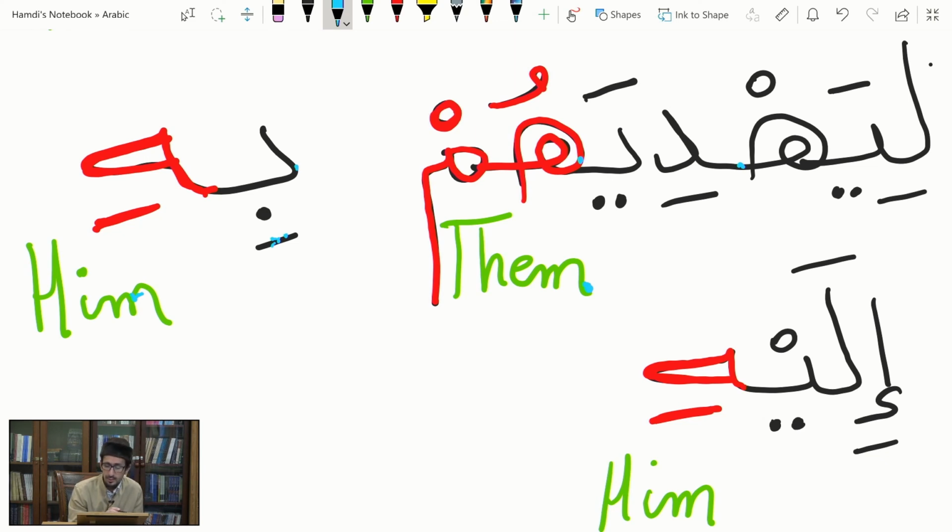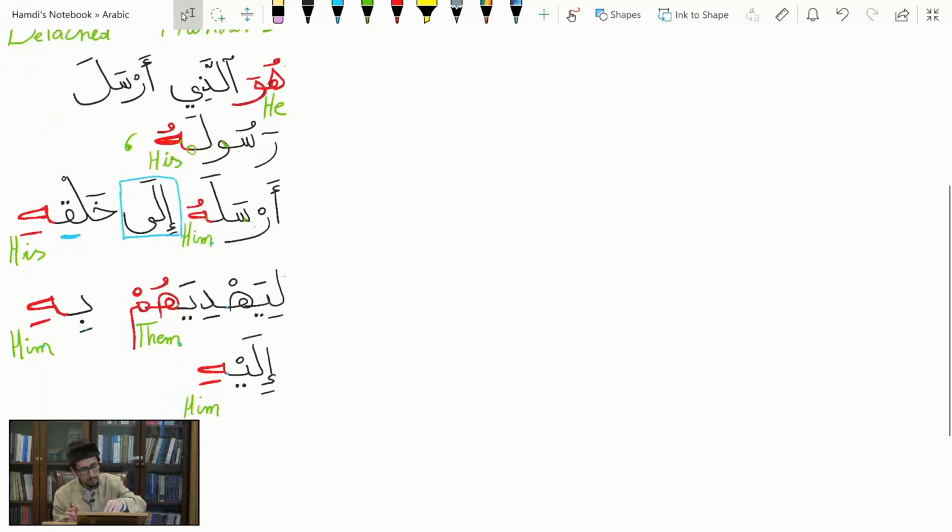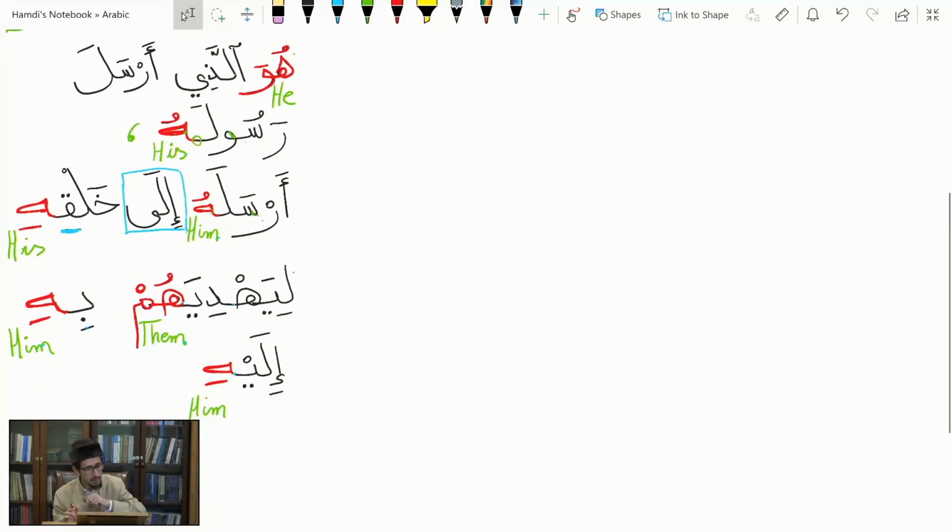Okay. Same thing here. The objective pronoun is attached not to a verb here, but it is also attached to a harf, a preposition. So this is to give you a global view.